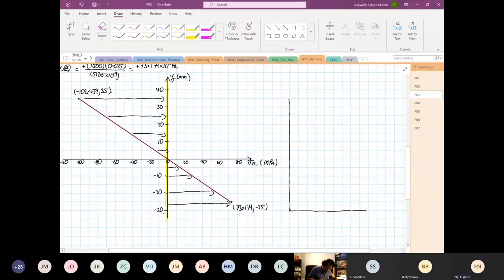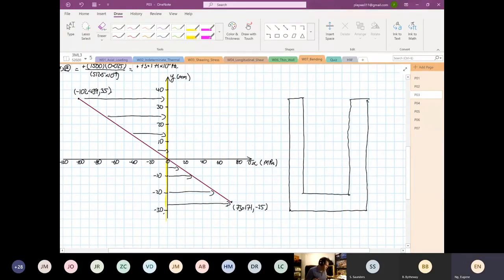This is just a sketch; the only thing that's accurate is the vertical direction. That's how your structure has been distributed. As you can see, this is symmetrical because at this point and this point the stresses are the same, and this point and this point the stresses are the same.